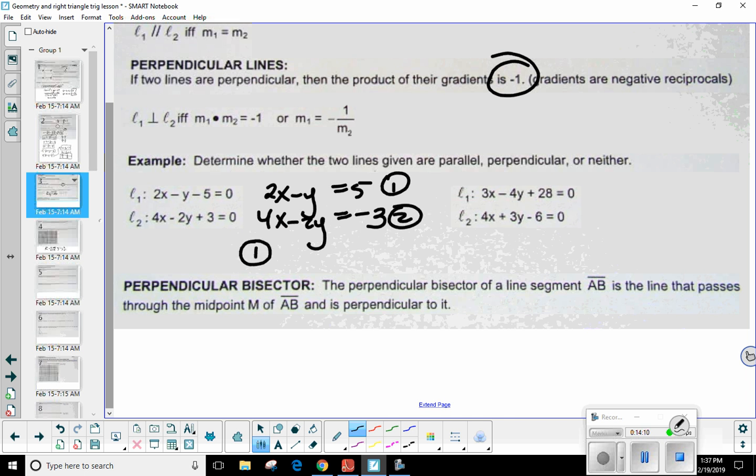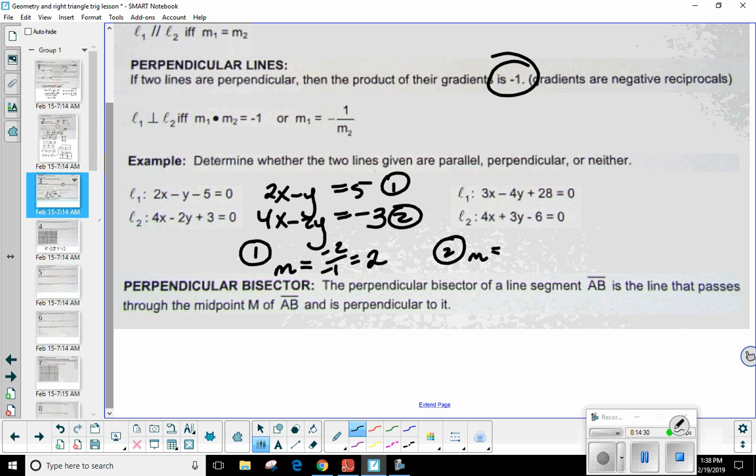For equation 1, let's start with the slope. The opposite of A divided by B. So it looks like -2 divided by -1. So the slope is 2. Let's move on to equation 2 and see what happens with its slope.